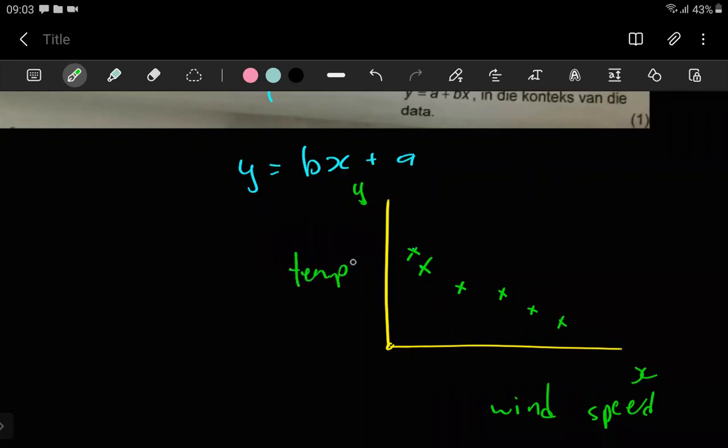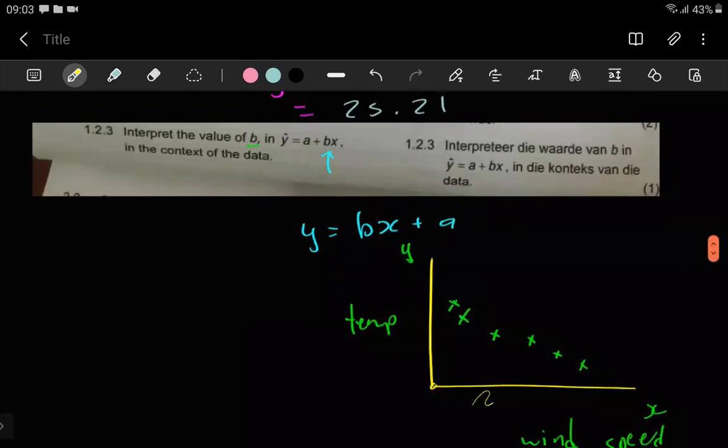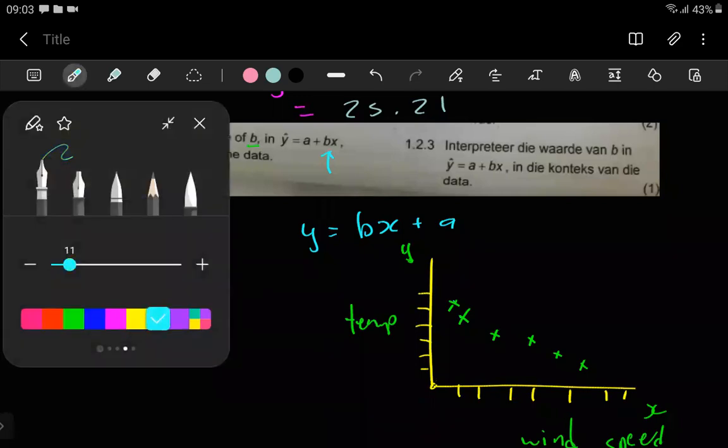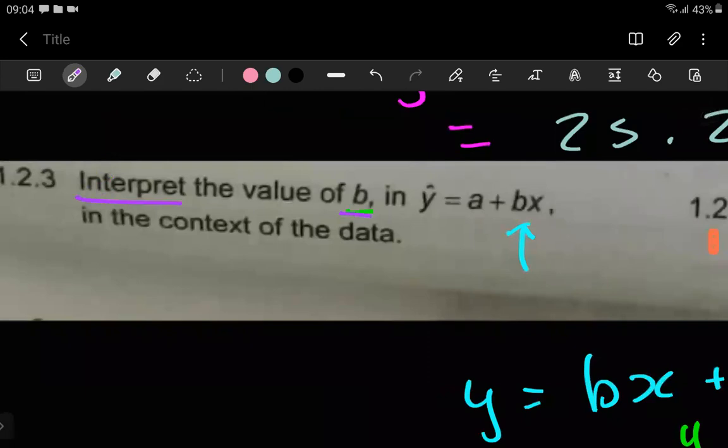So when they're saying interpret the value of b, you can firstly say how b is a negative value, and then you can say how if the wind speed increases, the temperature decreases. Because as your wind speed is increasing here, the temperature is dropping. That's what they want you to refer to. Now b is helping you because b is telling you that you're going to have a negative gradient, a downward slope kind of thing. That's where the interpretation of b comes in.